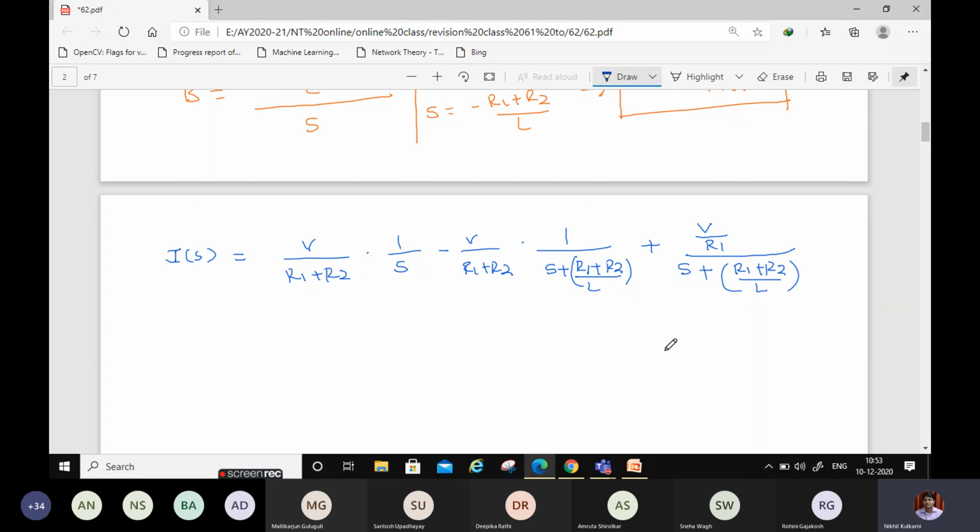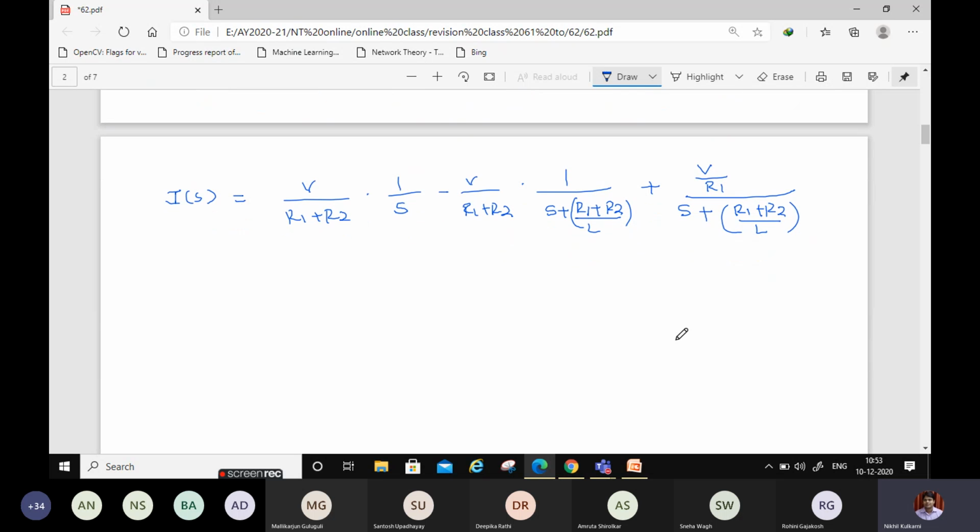So now if you take V by R1 plus R2 as common, this term is common. If you take the inverse Laplace transform, we can solve for I of t.